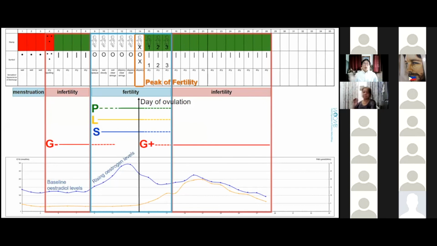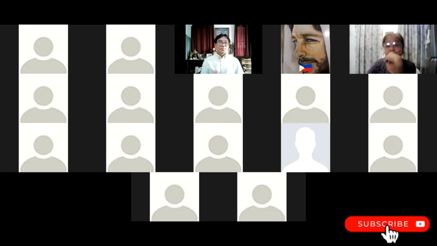The chart on top, of Doctors John and Evelyn Billings, shows the different phases of the cycle, correlated with what is happening to the cervix in terms of the production of mucus, and the one below shows what is happening to the ovarian hormones, estradiol and progesterone, during the different phases of the cycle.